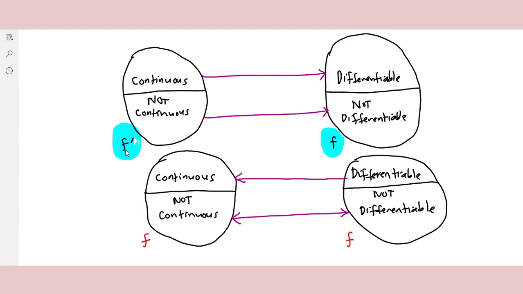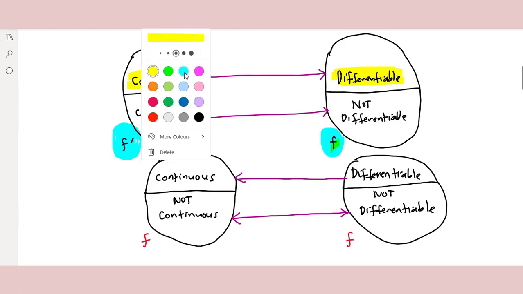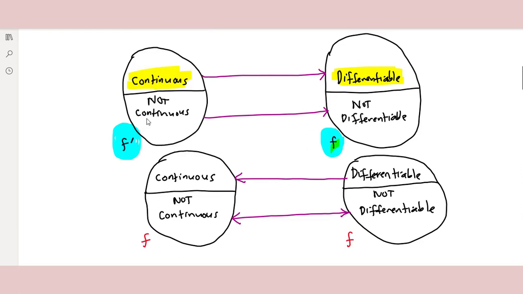So, we can conclude that when f prime of x is continuous, it implies that f is differentiable. When f prime of x is not continuous, it implies that f(x) is not differentiable.